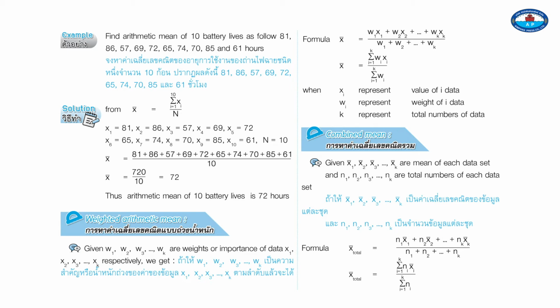Formula: x bar total equals n1 x bar 1 plus n2 x bar 2 plus through plus nk x bar k over n1 plus n2 plus through plus nk. X bar total equals the summation of ni x bar i for every value of 1 through k over the summation of ni for every value of 1 through k.